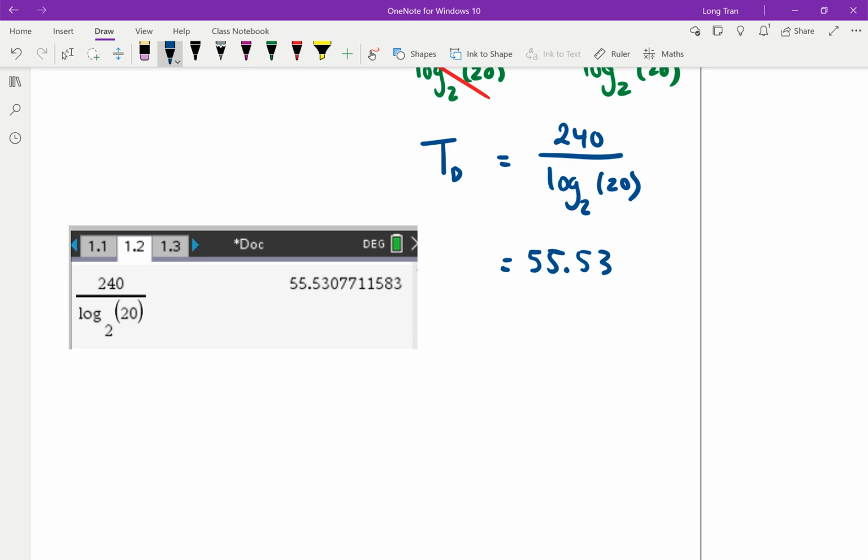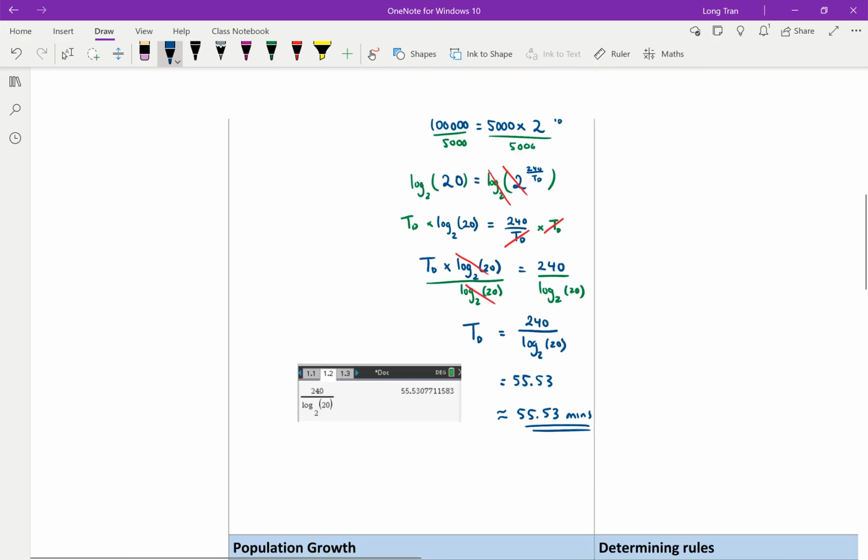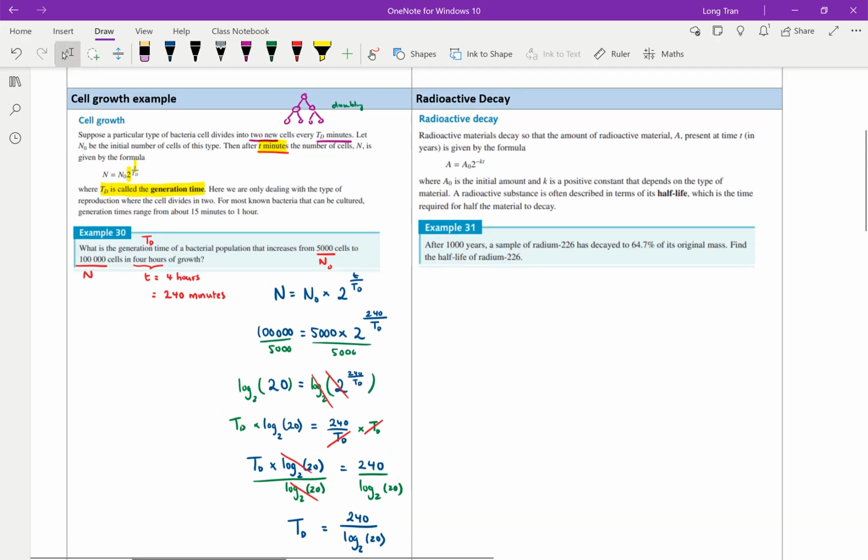If they're asking for the generation time, it is approximately 55.53 minutes. That's how long it takes. So make sure to put your units in. But that's how you would do that by hand.